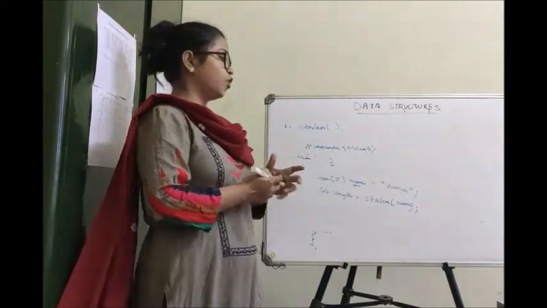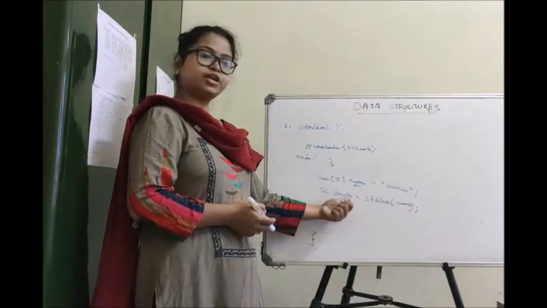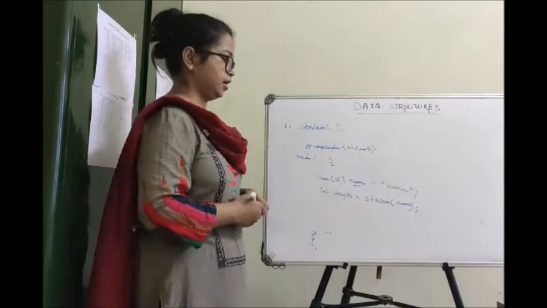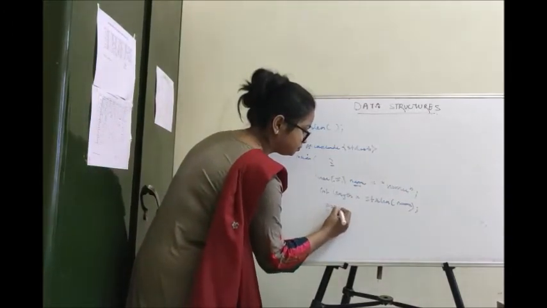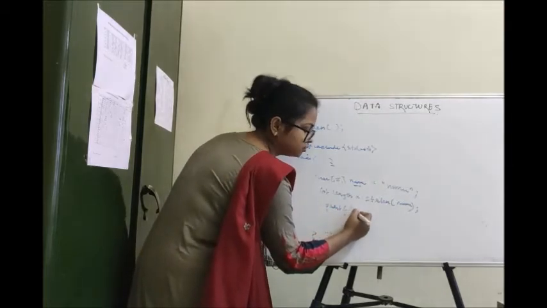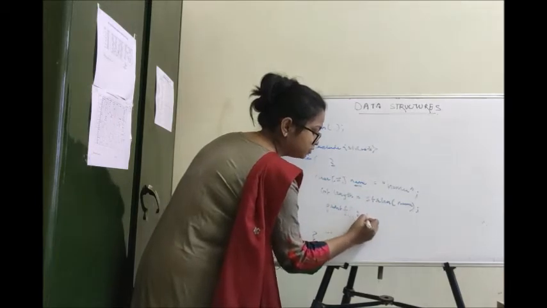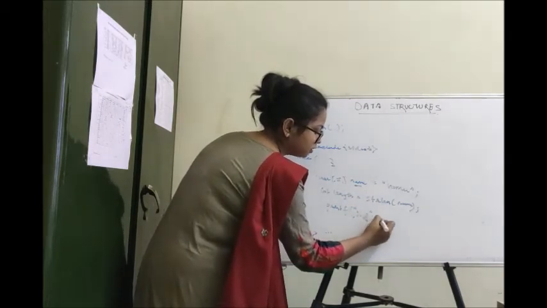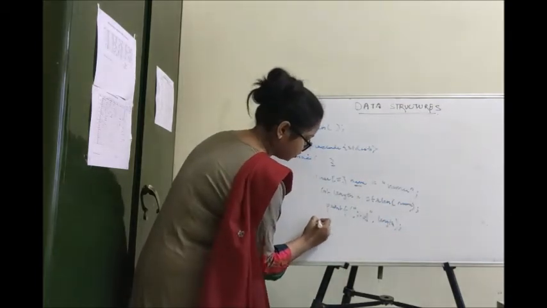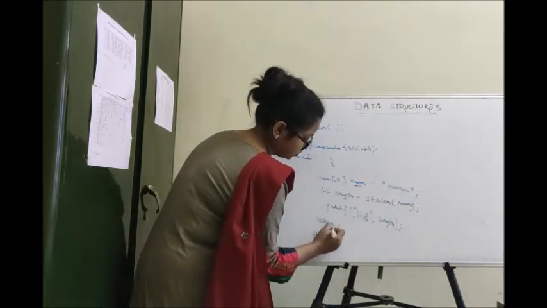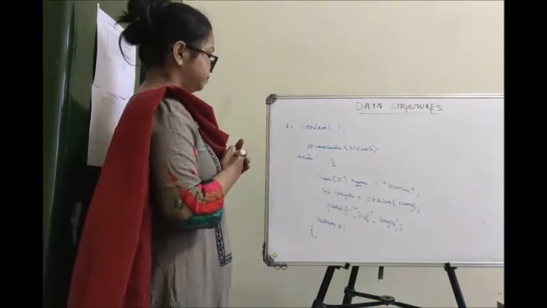String length will automatically calculate the length and it will be stored in the length variable that we declared. All we have to do is print the length. So printf %d length. Okay. Then return 0. So this is the program. I hope it's clear to you.